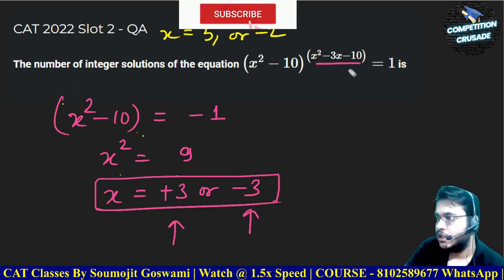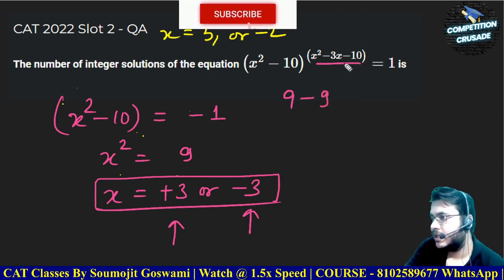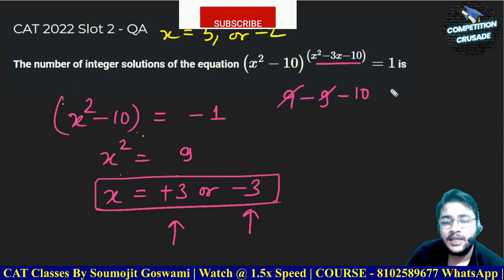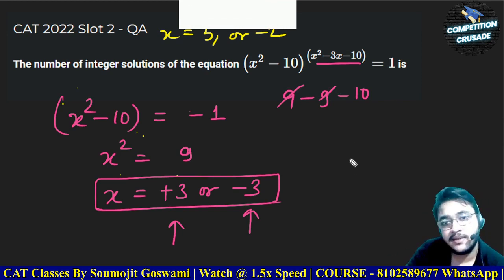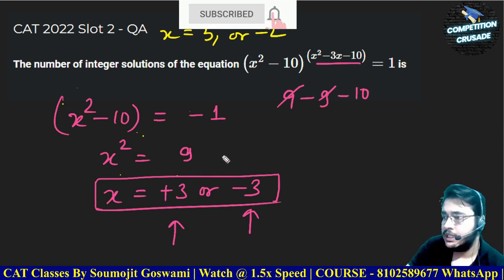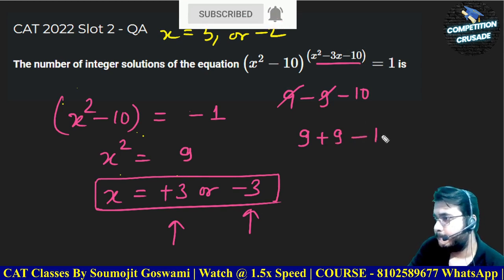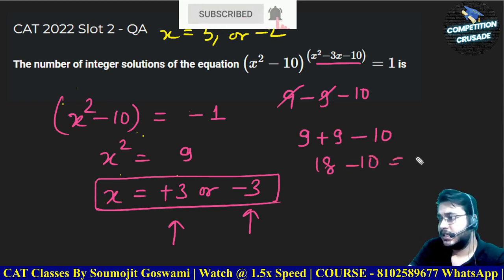So let's do that. So this becomes 9, this becomes 9, and this is minus 10. So obviously minus 10 is an even number. Anything raised to the power even, doesn't matter if it is minus 10, because minus 10 is also even. We'll check for minus 3. When you do that, this becomes 9 and this becomes again plus 9, and this one becomes minus 10. 9 plus 9, 18 minus 10, that is 8.